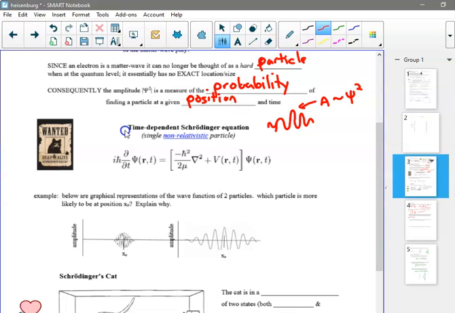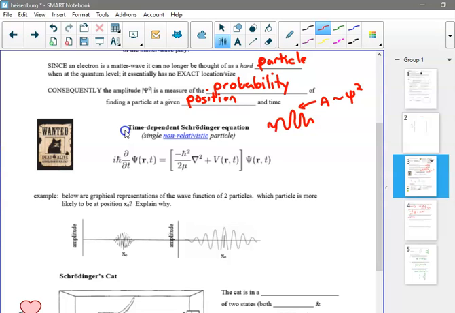The act of observing it makes it inherently uncertain what the position is going to be, depending on how well you know the momentum and vice versa. So the best we can do is describe that particle as a wave function, a superposition of multiple states, and that probability is reflected as psi squared.